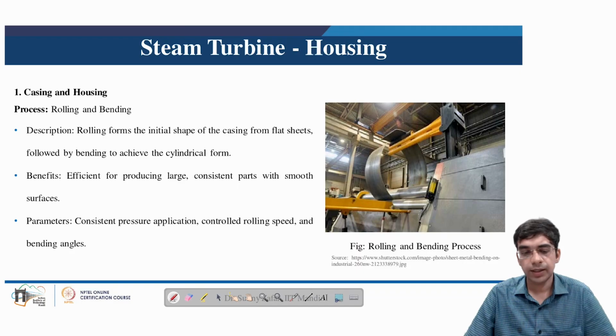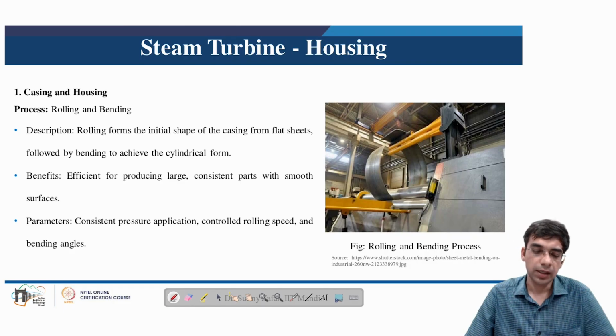If we look at the casing and housing of the steam turbine, deformation processes like rolling and bending are very useful. The rolling forms the initial or basic shape of the casing from flat sheets, followed by bending to achieve the cylindrical form.